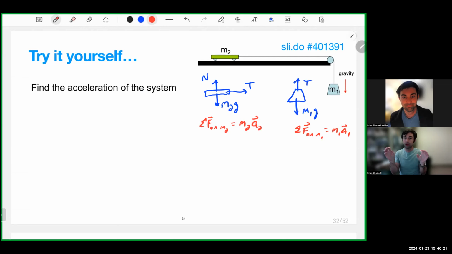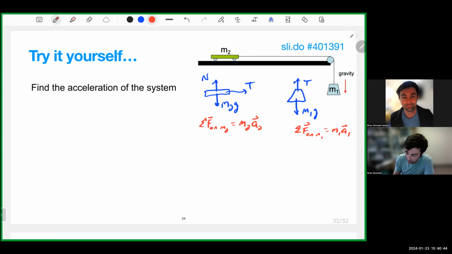But these things are moving together, right? So as m2 goes this way, m1 goes down the same amount. So not only are their velocities coupled, they're fixed as long as the rope is taut, T-A-U-T. So the speeds are going to increase at the same rate, and they're going to have the same acceleration.